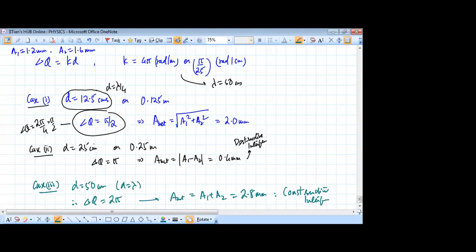Here, in this case, D is equal to lambda by 2. So that is why your phase difference is 2 pi by 2 or half a full phase. So there is always that relationship.